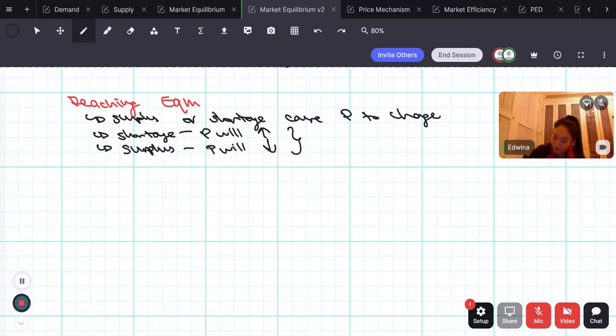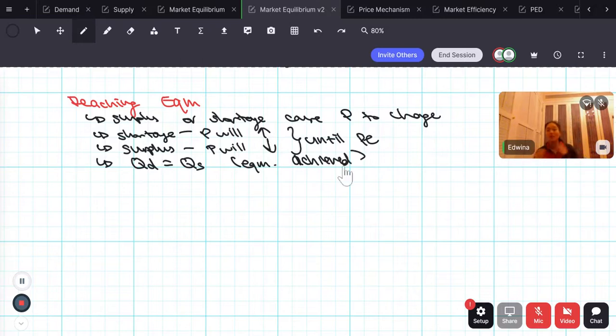And the price will move until it reaches the equilibrium price point, because when it reaches the equilibrium price point, the equilibrium quantity is also reached. And therefore, after such price movements occur, QD will equal QS, meaning that equilibrium has been achieved.